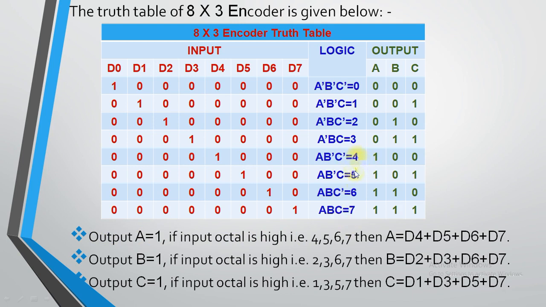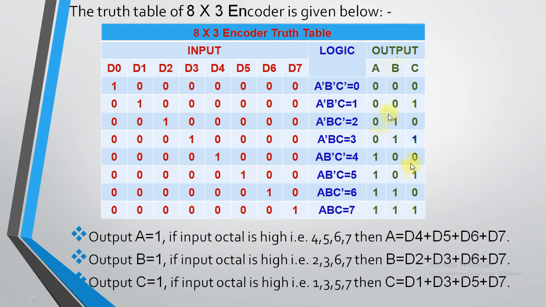Case number 4, 5, 6, 7: D4, D5, D6, D7. So you can write it this way, A equals to D4 plus D5 plus D6 plus D7. Now see, if I want to form output variable B, how can you form it?